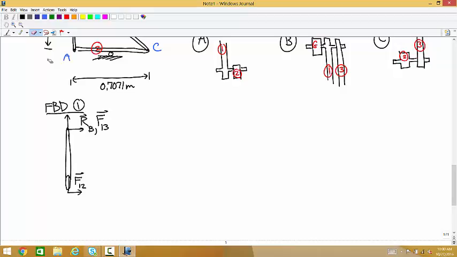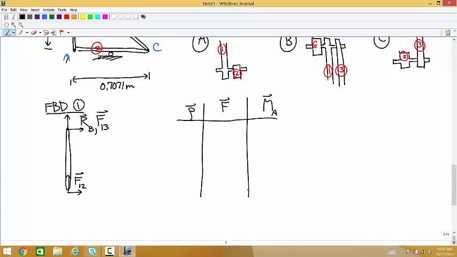Okay, well, now we're just going to do a rigid body analysis of member 1, to come up with Newton's laws. We're going to get three Newton's laws, and those are going to add to our big system of equations that we're going to solve at the end. So rho, F, M, as an about point, let's choose this as the about point.